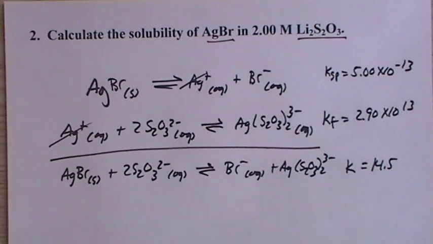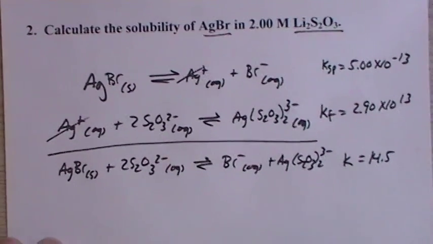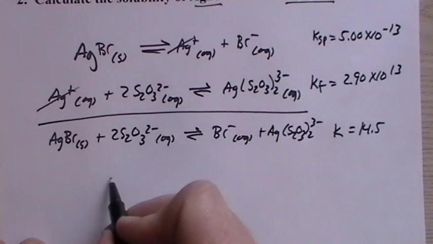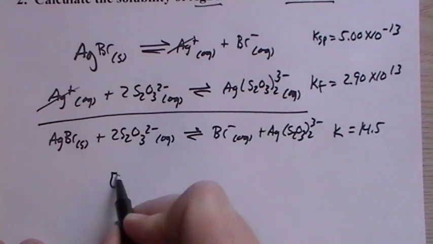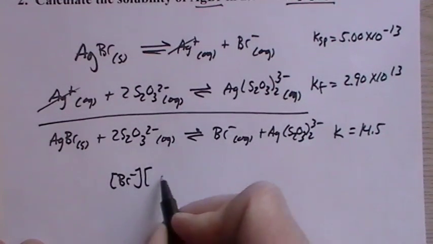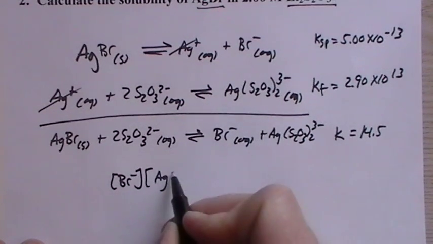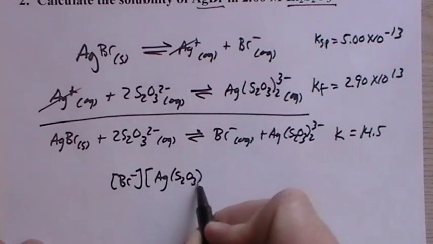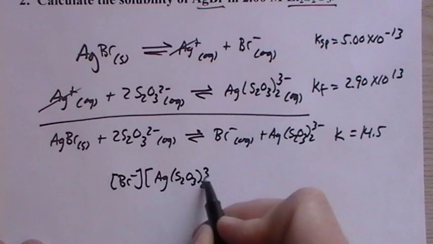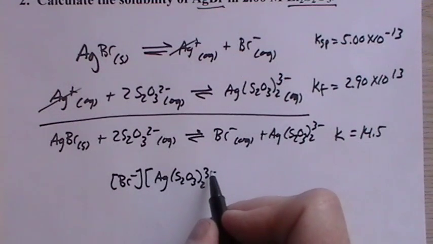I want to double check something really quick. Let's make sure I have, what was I looking at here? Yeah, that's right. I thought I might have skipped something, but I have it in there. And then the K expression, we just call it Kc, unless they call it something else.